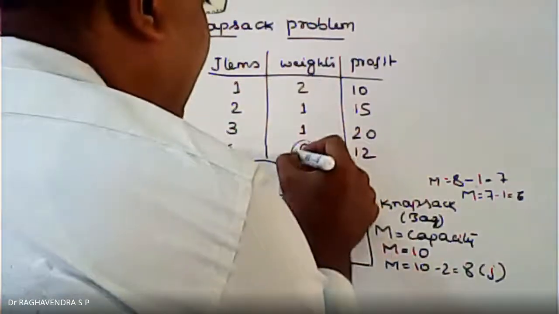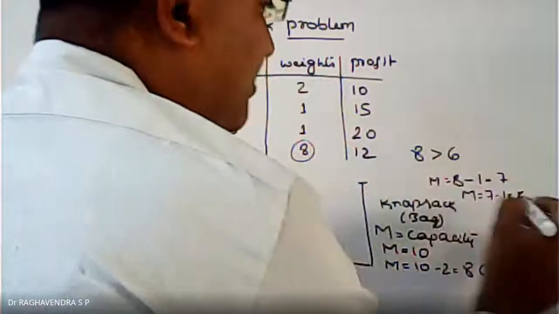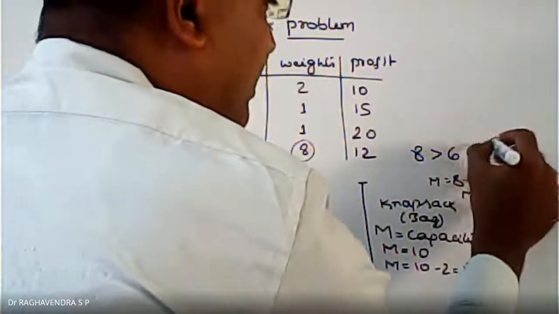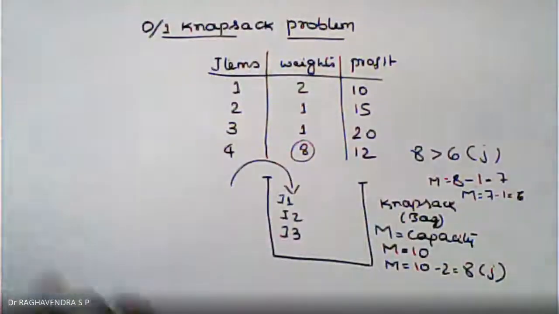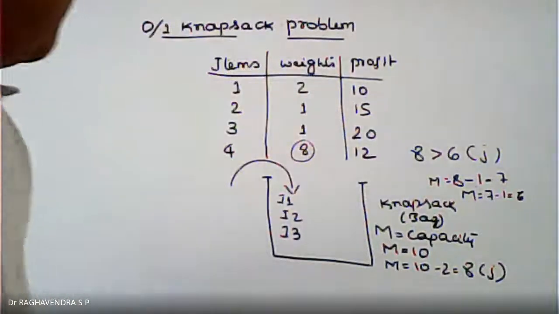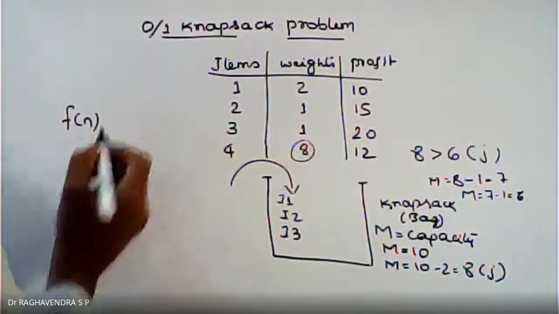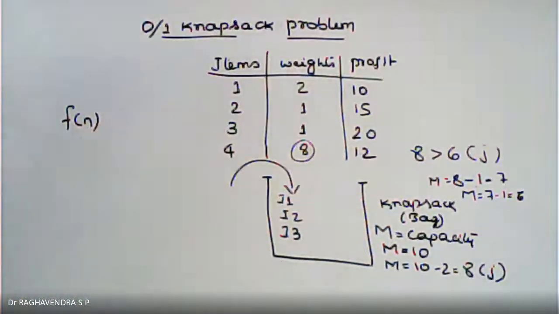No, sir. Why? Because 8 is greater than 6, because 6 is the remaining capacity. So the function is defined such that you have to always earn the profit.